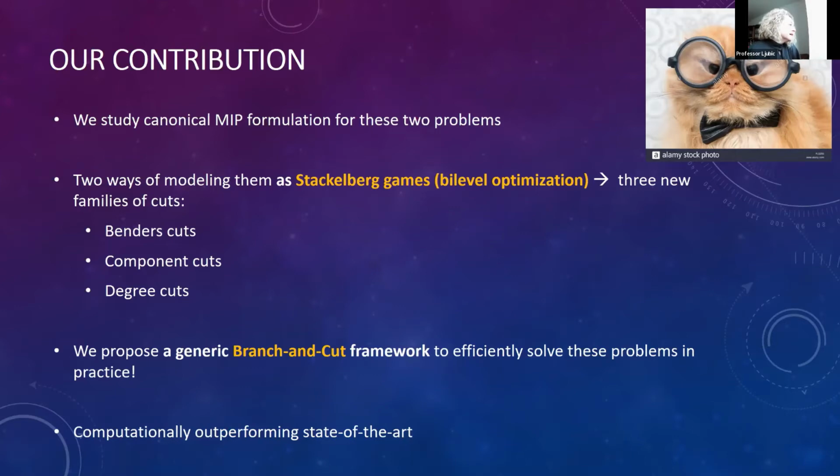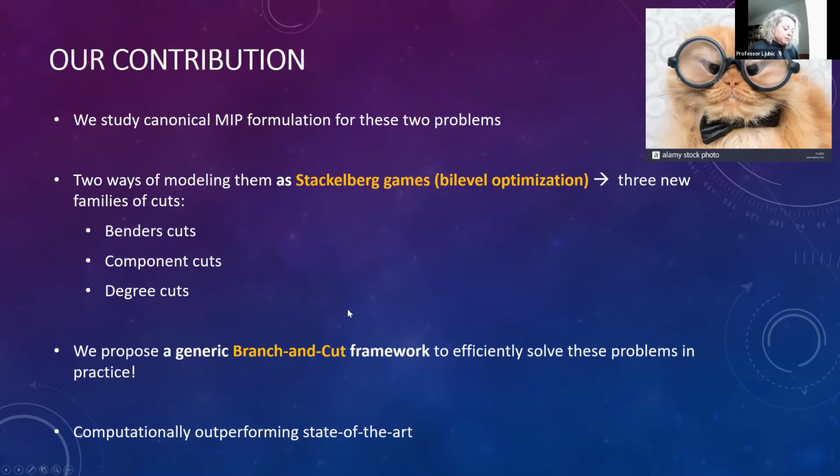Actually, Benders cuts come also from the LP duality theory, but component cuts and the degree cuts come from the real bilevel structure of the problem. So then we integrate these cuts into a branch and cut framework, and what we managed to achieve is to beat the state-of-the-art results for these two problems, for both min-max component and for the capacitated vertex separator problem.